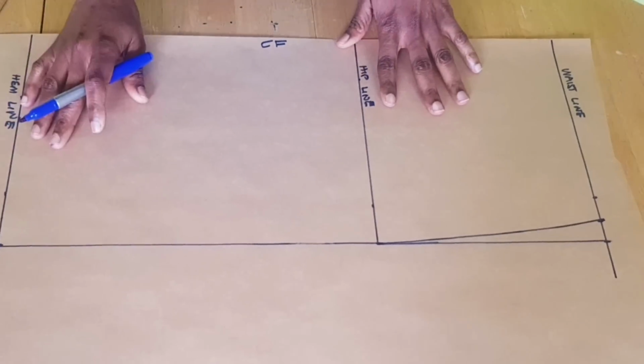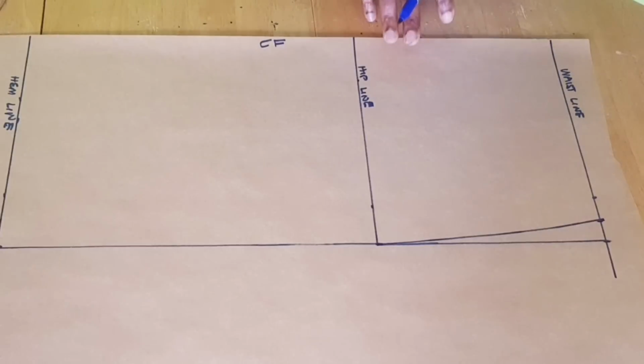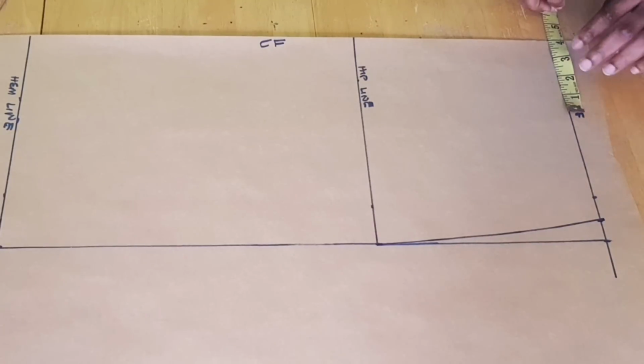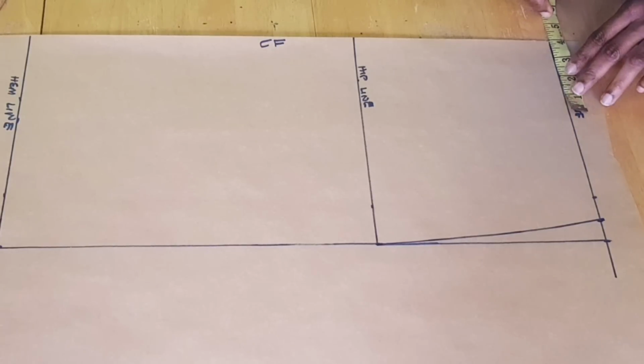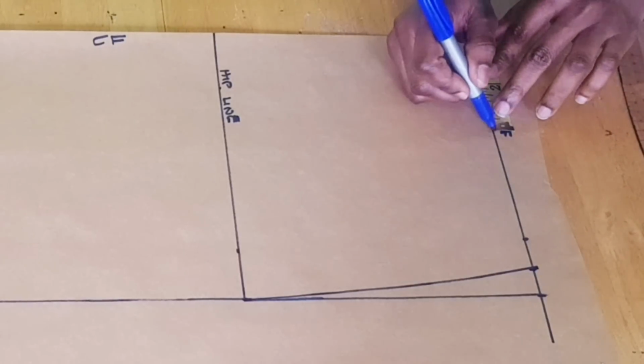So once you have this, then we want to place the dart. So to place the dart, you will need your bust distance measurement. So that is the nipple to nipple measurement. So in my own case, my bust distance is 8. So dividing it by 2, I will have 4 inches. So I'm just going to mark 4 inches.